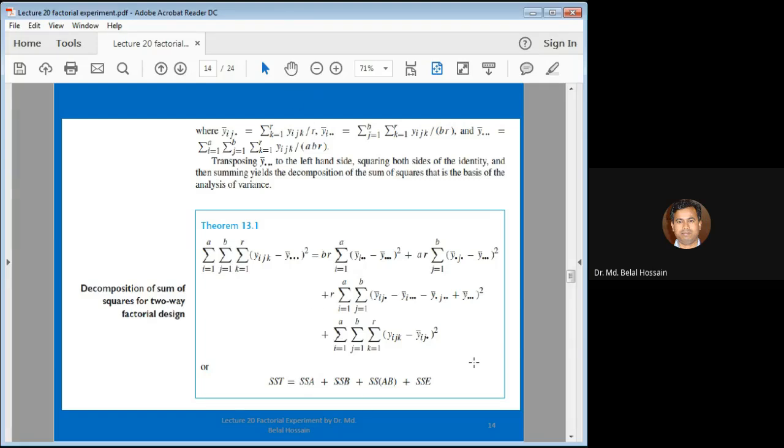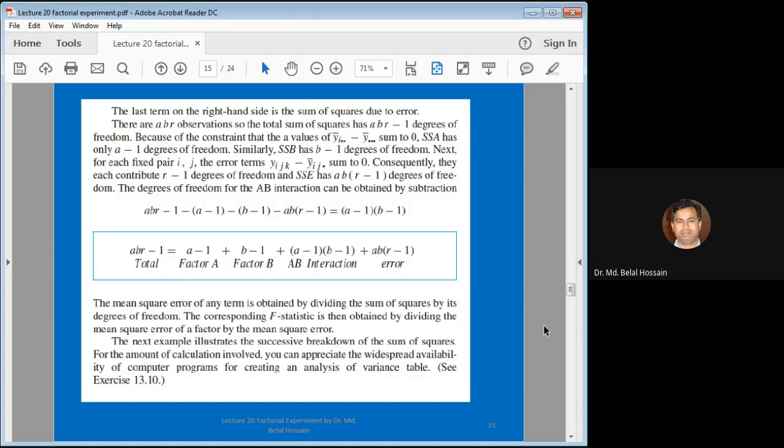So at least you have to calculate 4 of these to find all the possible 5 expressions. Among them, you have to calculate any 4. If you calculate 4 on the right side and sum them, you get the total sum of squares, or if you calculate any 3 of them and subtract from the total sum of squares, you get the rest. Either way, you have to calculate all 5 if you want to perform that.